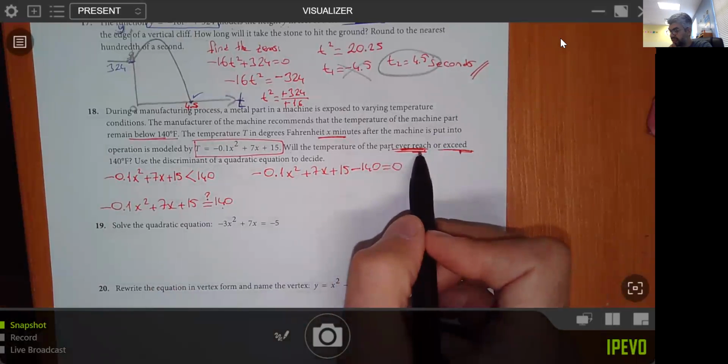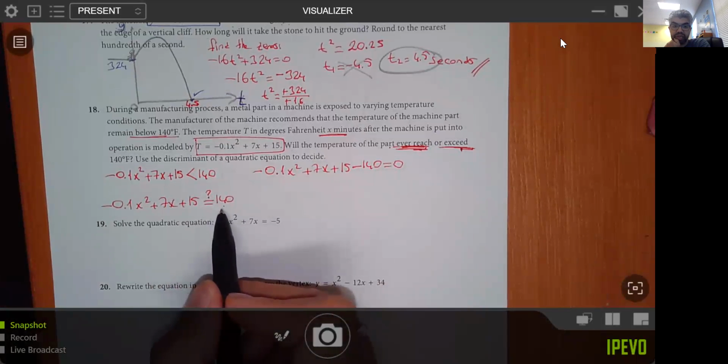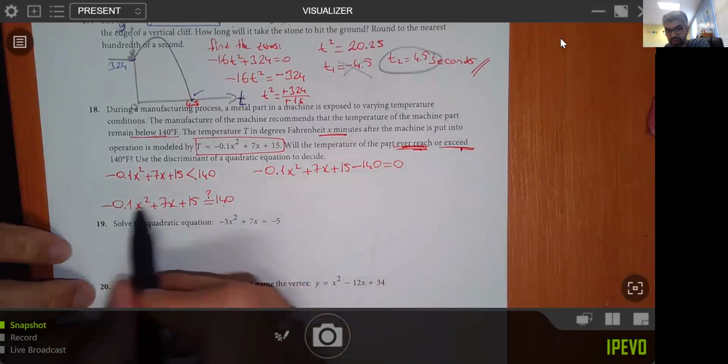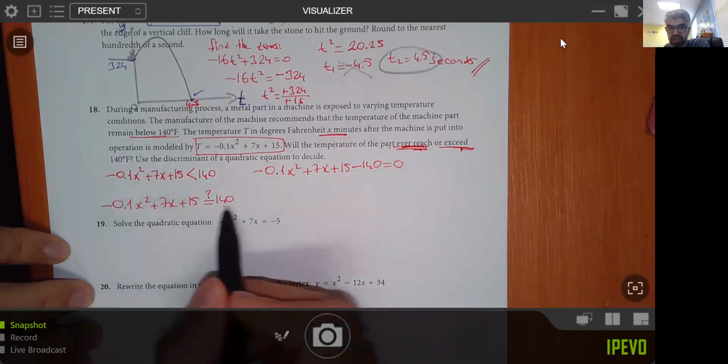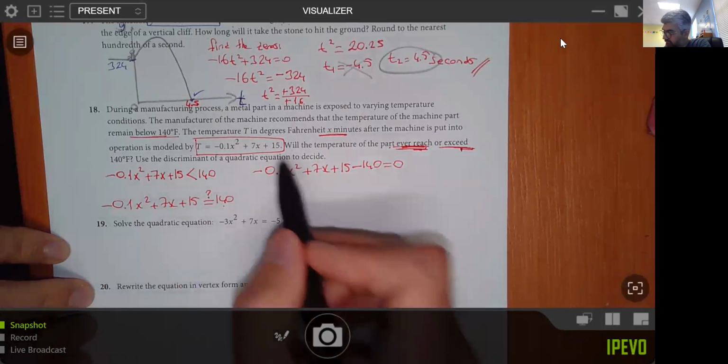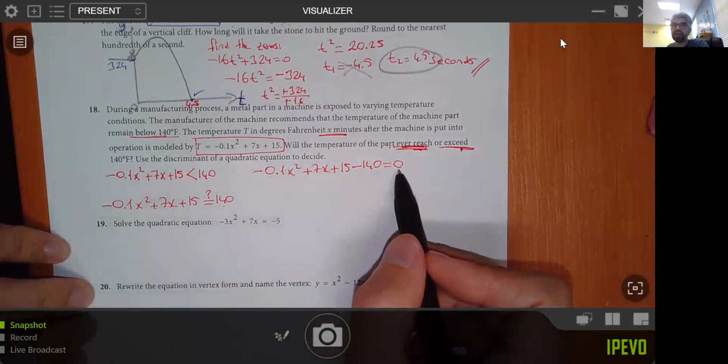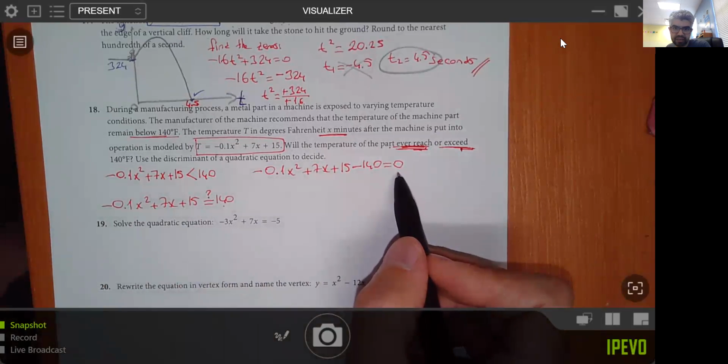Ever reach means it must be equal to 140, right? Is there any x value which makes this function equal 140? So I solve this equation, and by the discriminant, I will understand if these real x values exist or not.